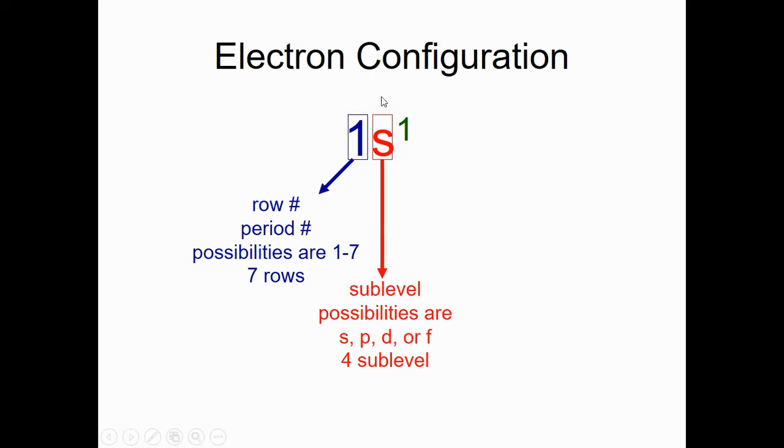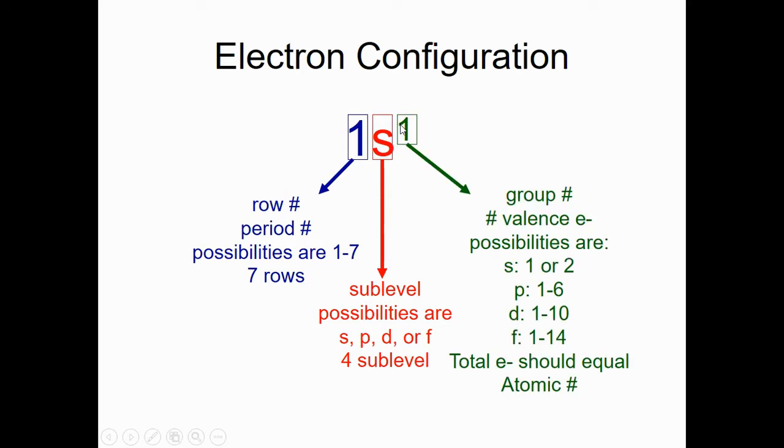Okay, the last number you see, it's a superscript, so it's up high. That is the number of electrons you have. If your letter is an s, the highest that number can be is a 2, because s orbitals only hold 2 electrons. If your letter here is a p, the highest that can be is 6, because you have 3 p orbitals, each with 2 electrons, so 3 times 2 is 6.